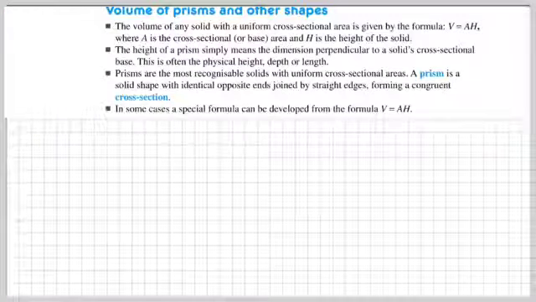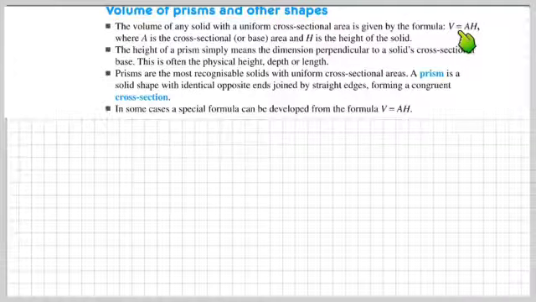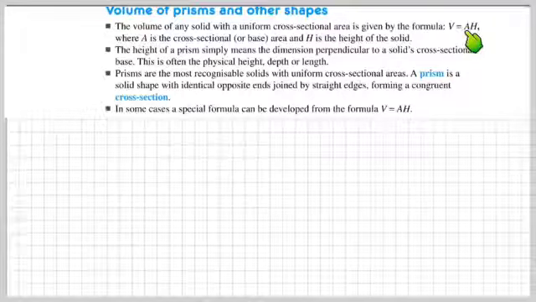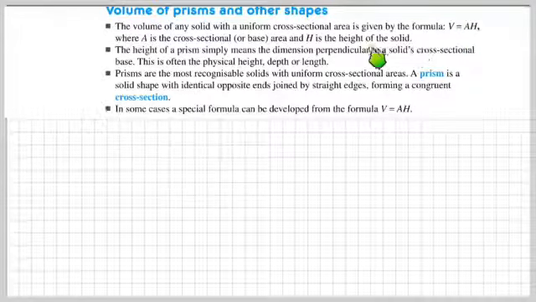Okay, we're going to talk about prisms now. The volume of any solid with a uniform cross-sectional area, which is a prism, that's what the definition of a prism is, by the way, is given by the formula V equals A times H. A is that uniform cross-sectional, or base if you like, area, and H is the height of the solid.